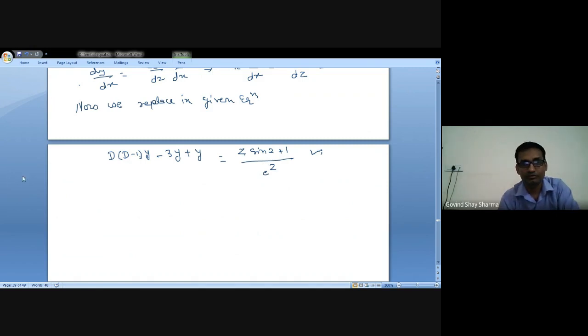Now we can write like that: D square minus D minus 3D plus 1 y is equal to z sin z.